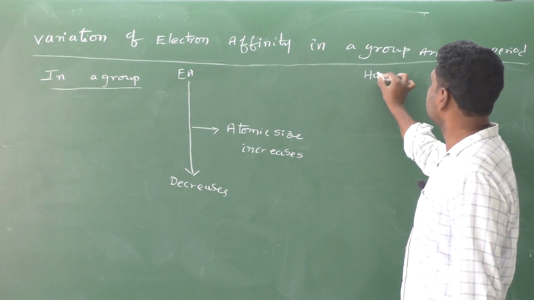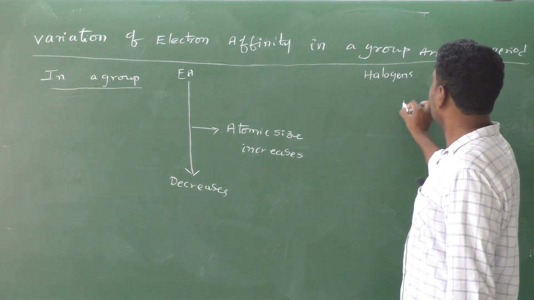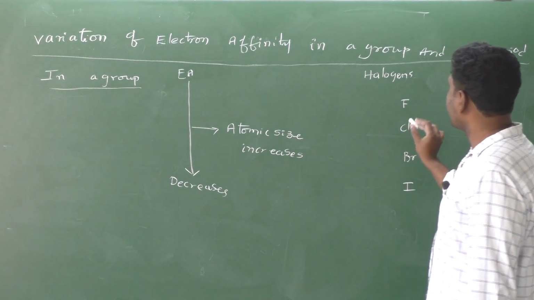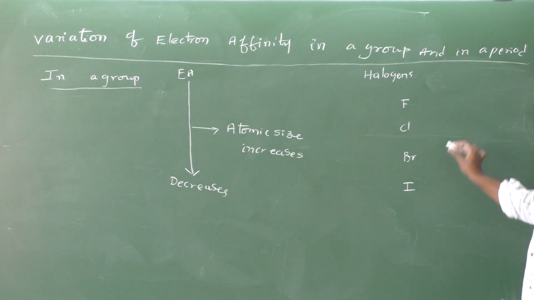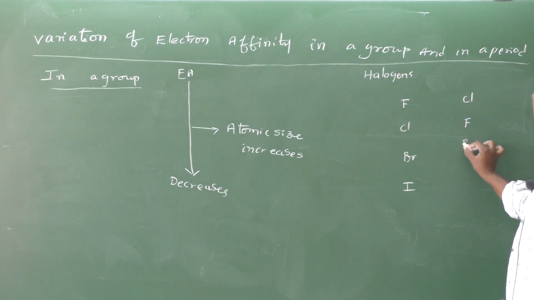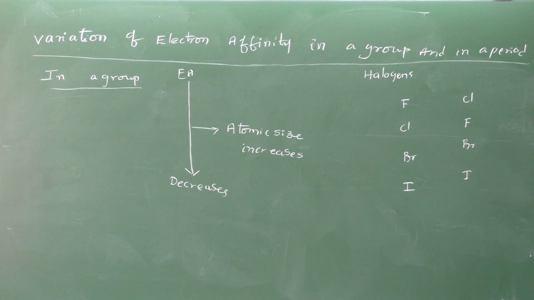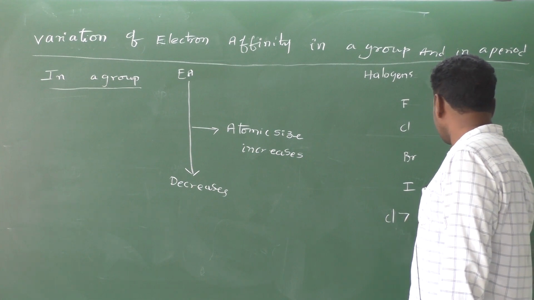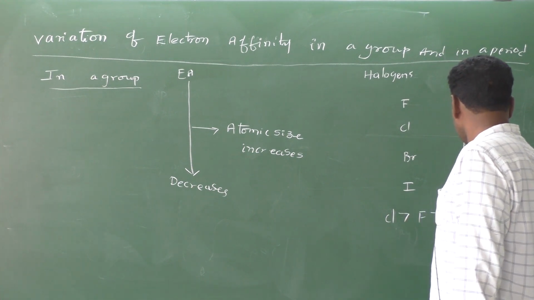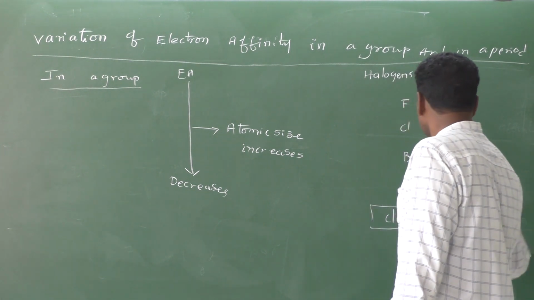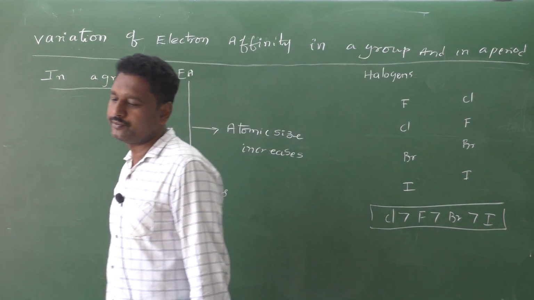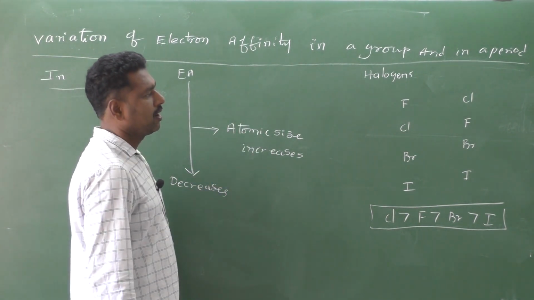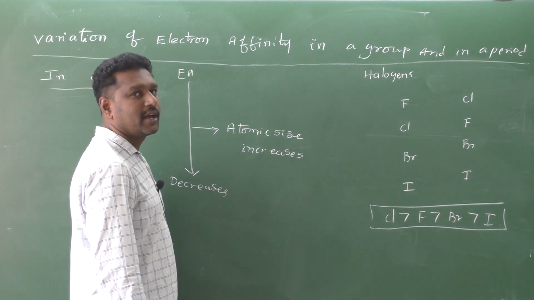If you take halogens, fluorine, chlorine, bromine, iodine, the decrease would be in this order, but the actual order is chlorine greater than fluorine, bromine greater than iodine. Why does chlorine have more electron affinity than fluorine?